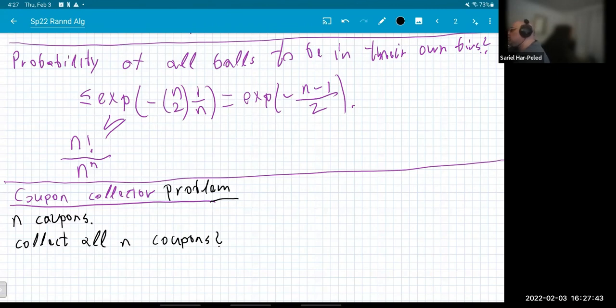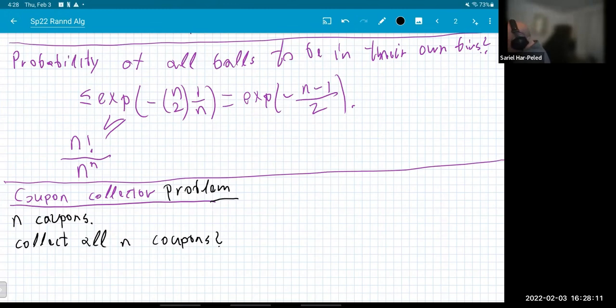There is a very small interval of the number of coupons you need to buy, and with very high probability you have all the coupons. And if you buy fewer coupons than this threshold, then with very high probability you don't have all the coupons. So this is pretty amazing. This is again a phenomenon of concentration.